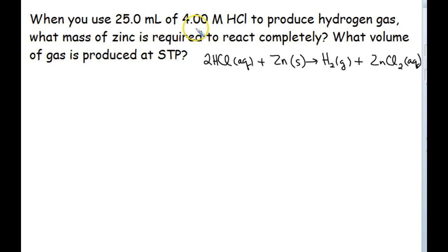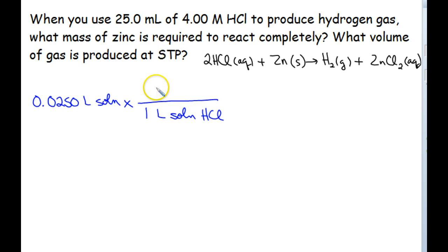So the first thing we need to do, remember when you're trying to get from one thing to another, you need a mole ratio. So you're kind of saying, okay, how can I get to moles from here? Remember that molarity, or whenever you say something's molar, is the number of moles per liter. Since we know the volume, which we can change to liters, 0.0250 liters of solution, we can then use the molarity and make sure that we put liters of solution on bottom to get the number of moles of HCl.